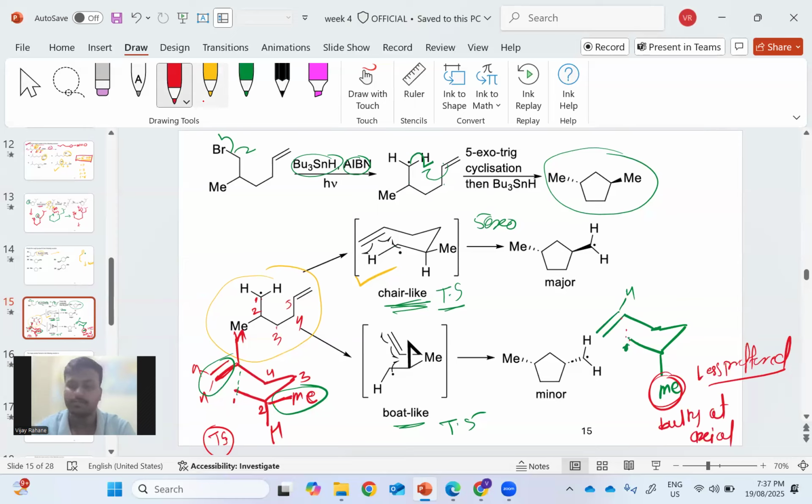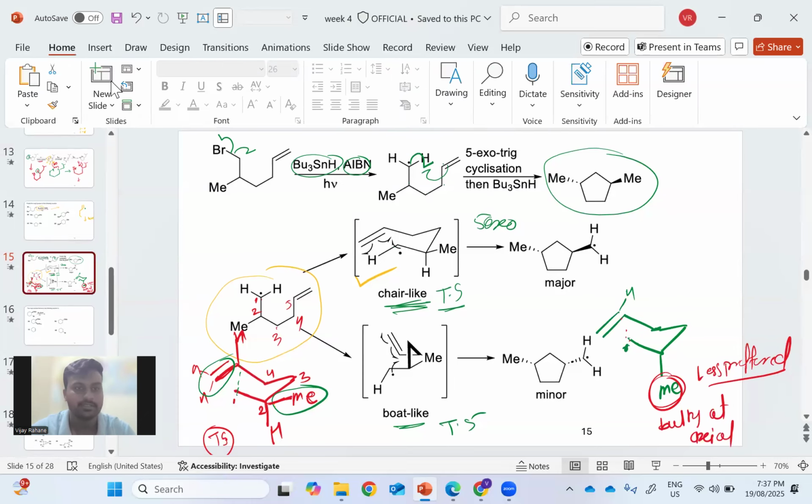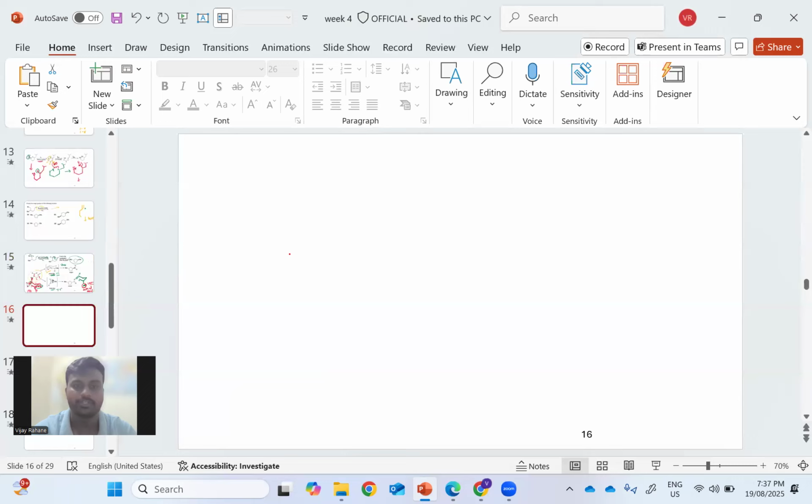So if I take a similar question and only change the substituent, we'll see whether we are able to get the stereochemistry for that or not.